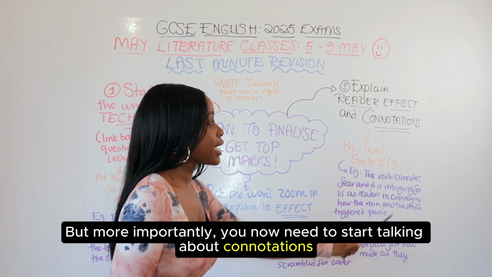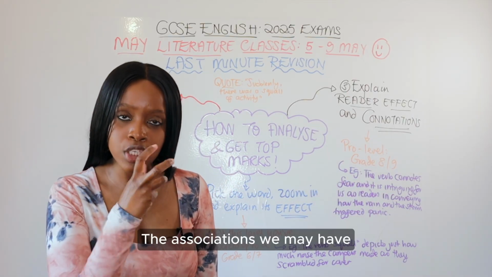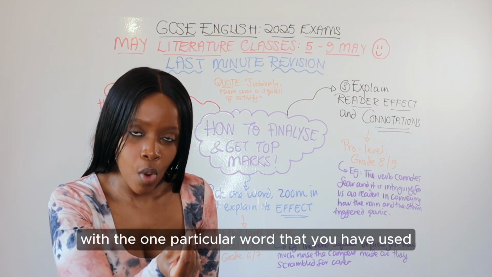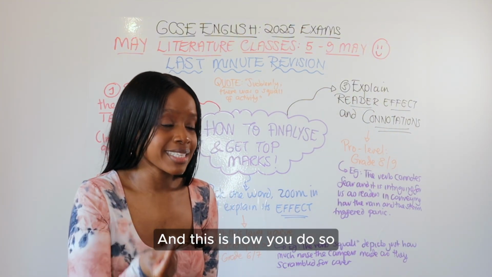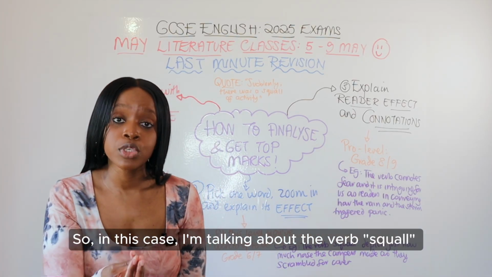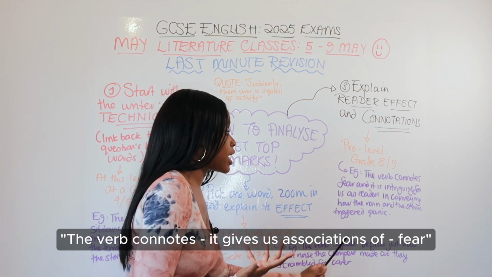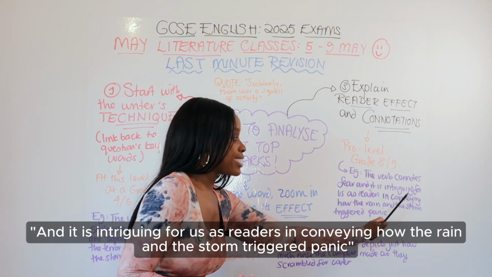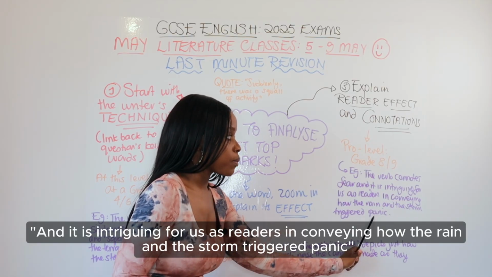But more importantly, you now need to start talking about connotations, the associations we may have with the one particular word that you have zoomed in on and done your word level analysis. And this is how you do so. The verb "squall" connotes, it gives us associations of fear, and it is intriguing for us as readers in conveying how the rain and the storm triggered panic.